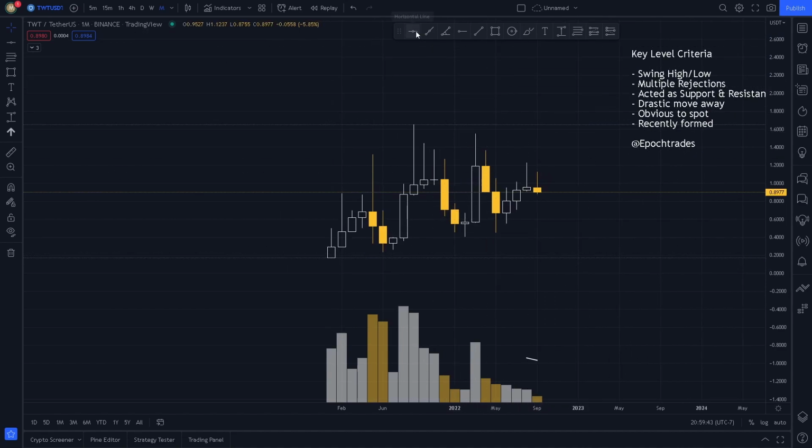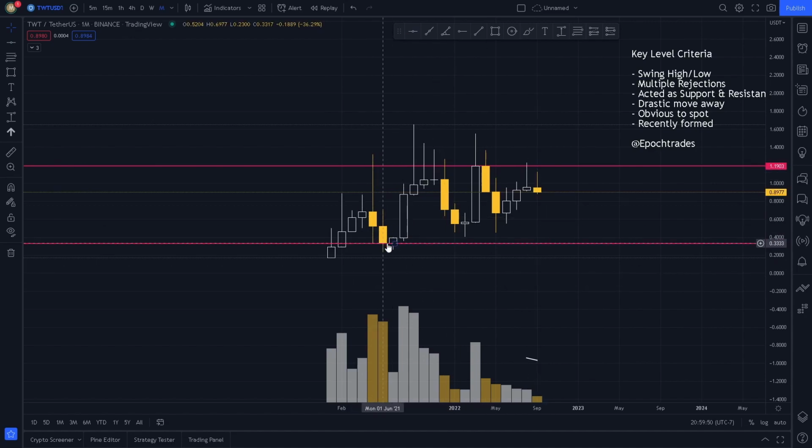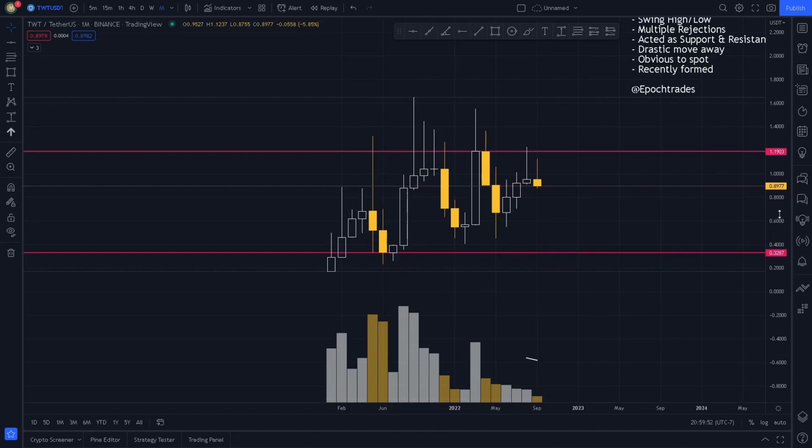And we can start off with our swing highs and our swing lows. These levels are pretty obvious to spot at a glance of the chart. We can see that price came up, came down. At this level, we've seen a reaction and price reversed. Price came down.